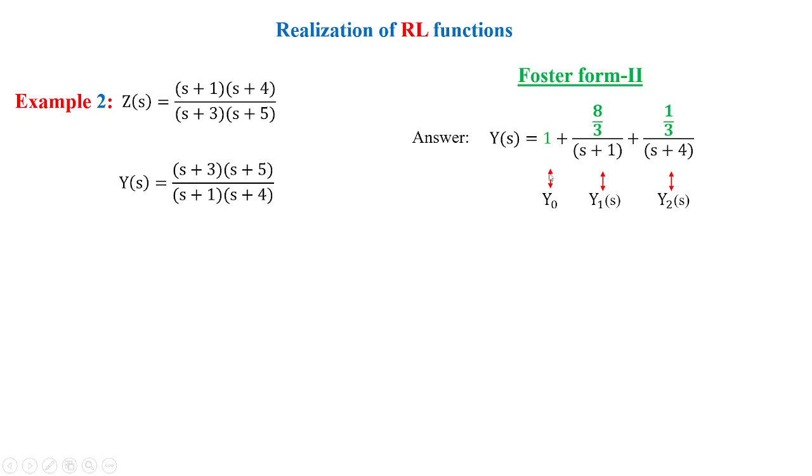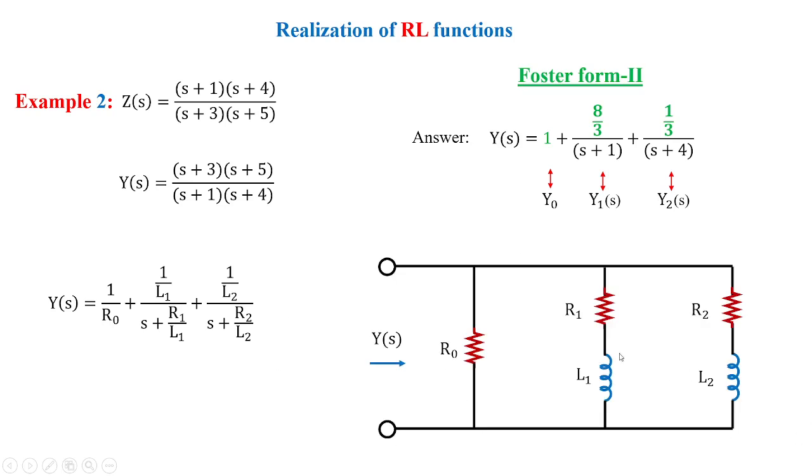Now, treating the admittance values as y0, y1 and y2 of s, the original answer is compared to the actual answer of y of s, which is 1 by R0 plus 1 by L1 divided by S plus R1 by L1 plus 1 by L2 by S plus R2 by L2. Now for this, the admittance representation under Foster form 2 is shown over here.